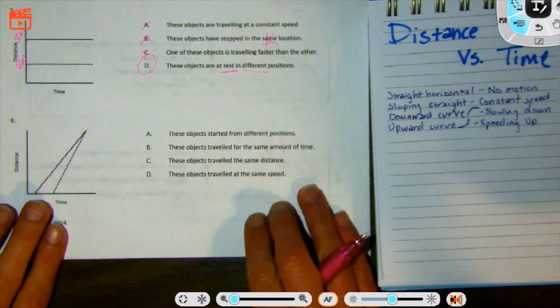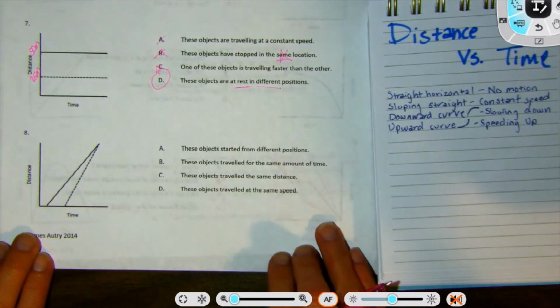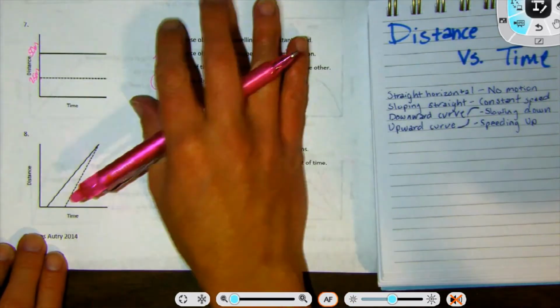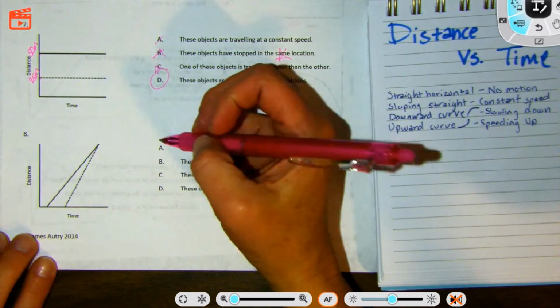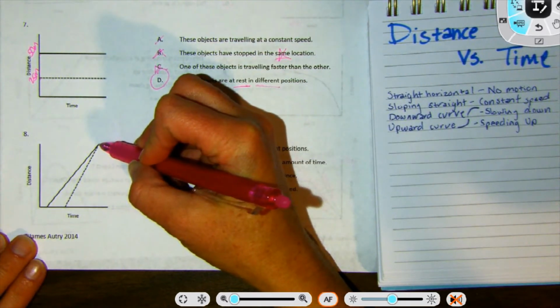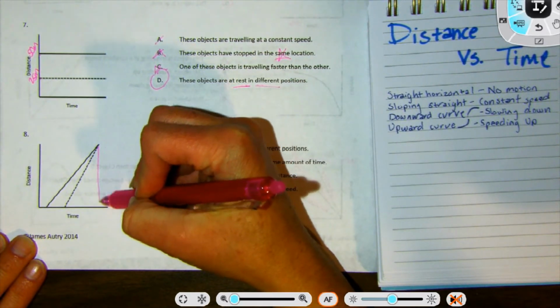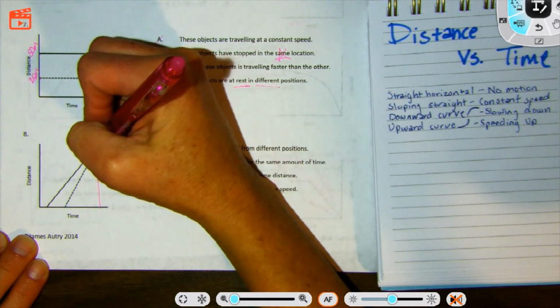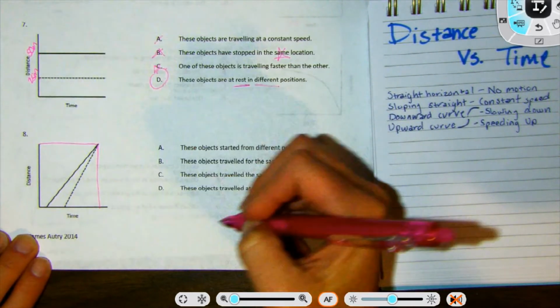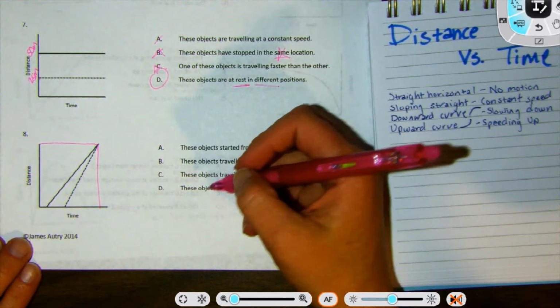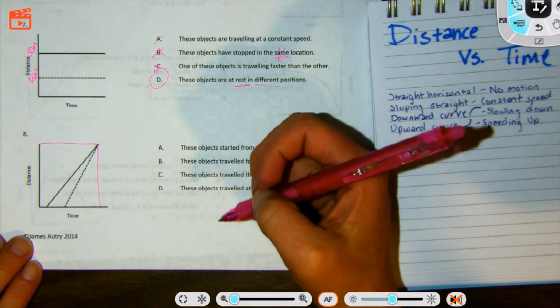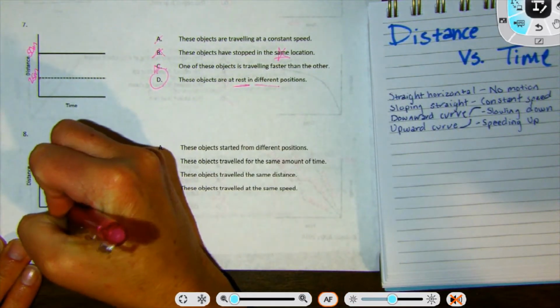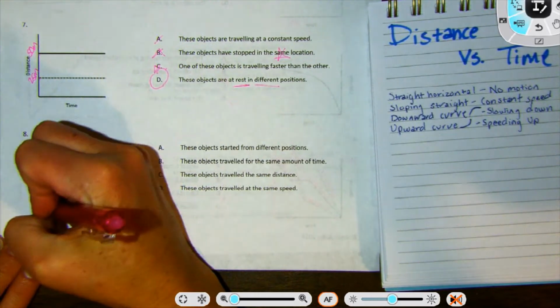Number 8. Okay, so before we look at those, look over here. We can see that they both ended up at the same time and the same distance, right? But where is it different? This one started here and that one started there.